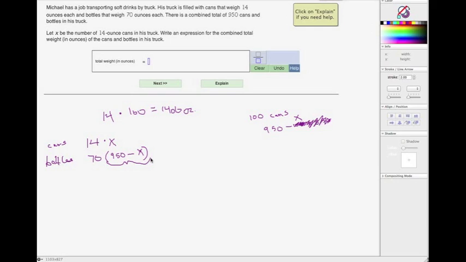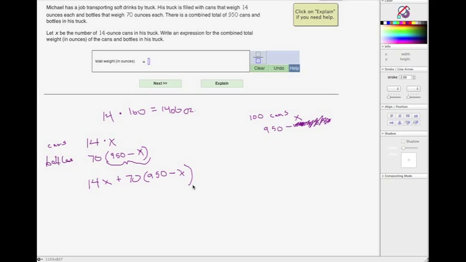So our expression for the combined total is going to be the cans weight plus the bottles weight. So we're going to have 14x plus 70 times 950 minus x.